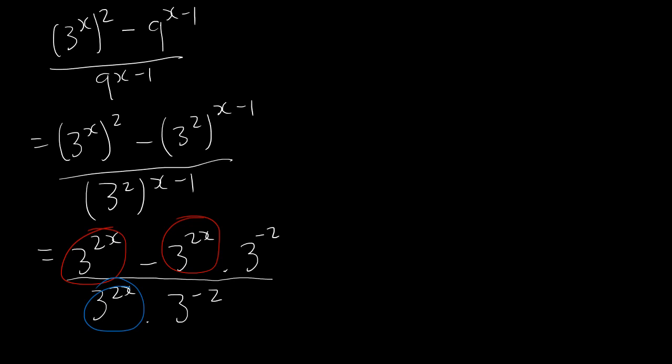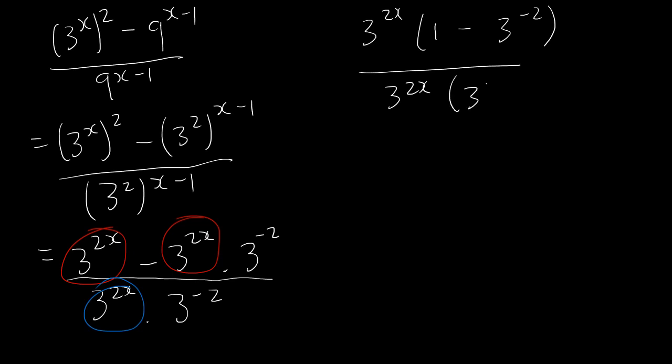So keeping this in mind, we have 3^(2x) into 1 minus 3^(-2), right, over 3^(2x) into 3^(-2). So let's cancel off those 3^(2x). So I'm left with 1 minus, now 3^(-2) can be written as 1 over 9, and 3^(-2) at the bottom would also be written as 1 over 9.